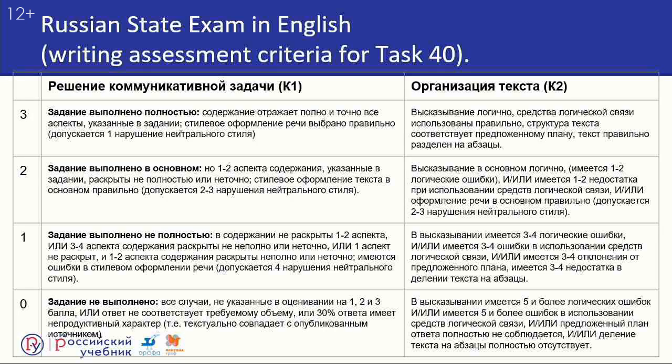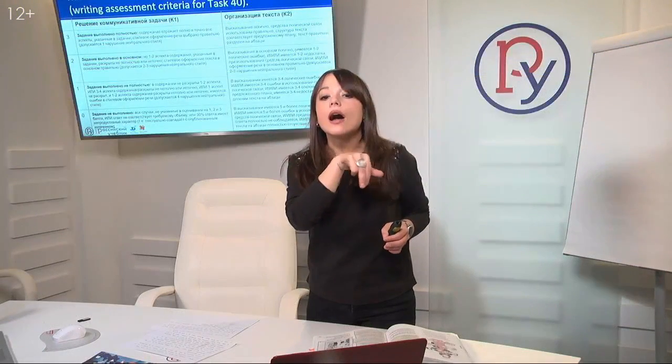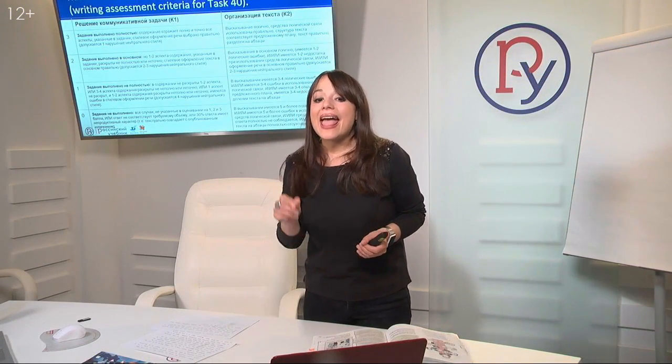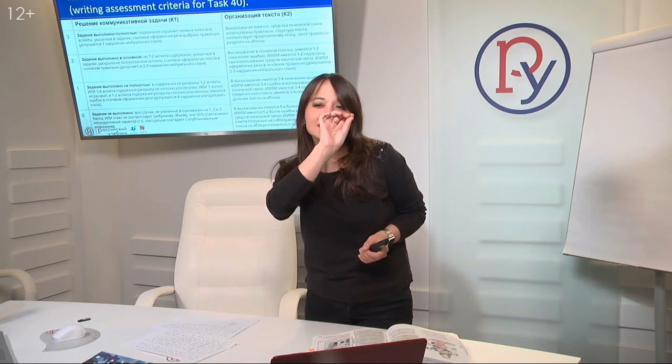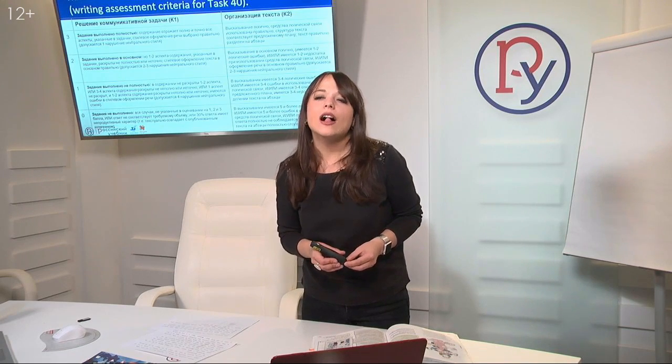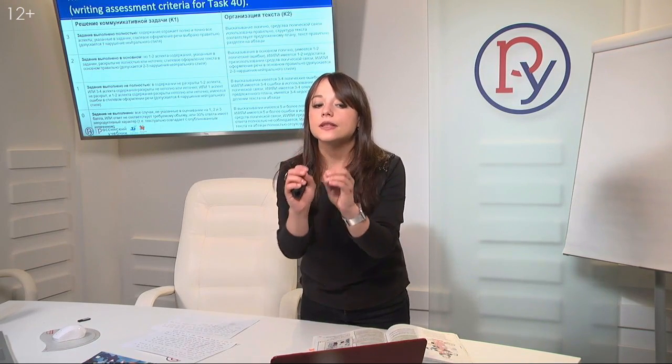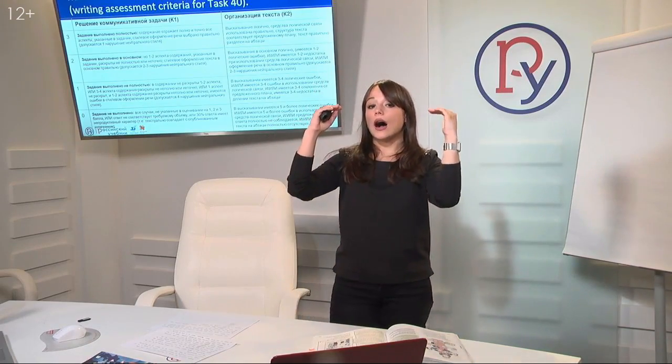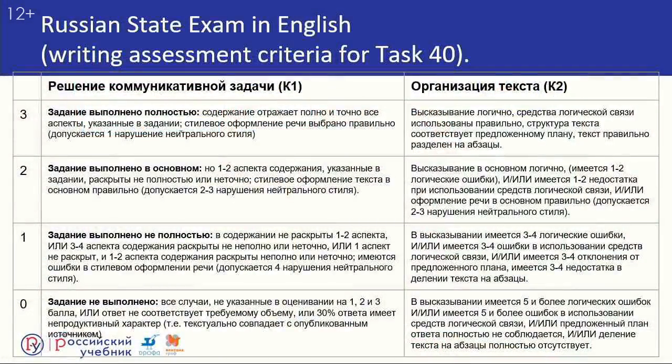And right now I would like you to take 2 minutes and look at all the 4 levels, 0, 1, 2, 3, for either of these 2 criteria, and highlight or at least think of those keywords that help you understand the difference between, let's say, the level at which you give your learner 3 points and 2 points, 2 points and 1 point, 1 point and 0 points.